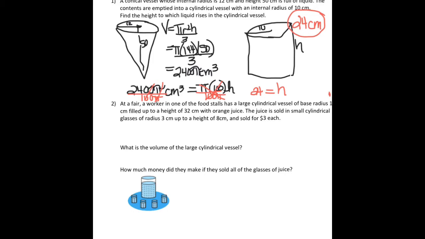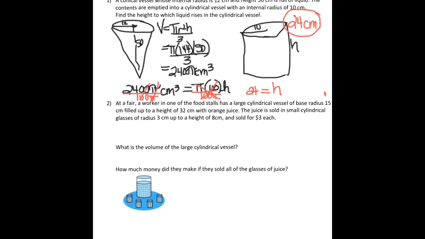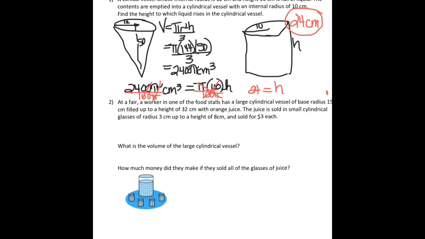All right, let's look at our second one. It says, at a fair, a worker in one of the food stalls has a large cylindrical vessel of base radius 15 and a height of 32. So it's a cylinder. The volume equals pi times the radius, 15 squared, times the height.